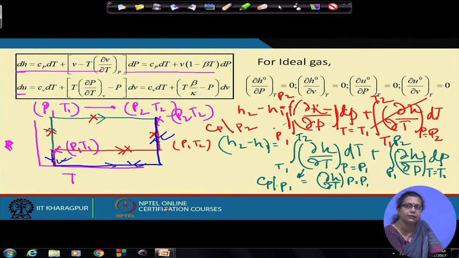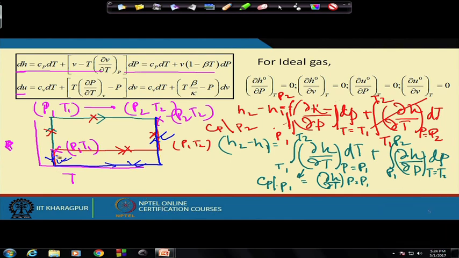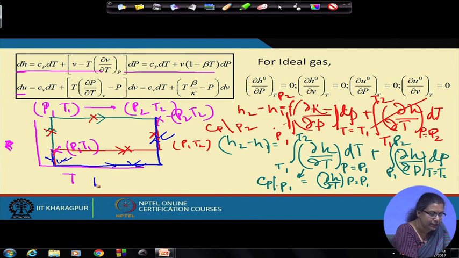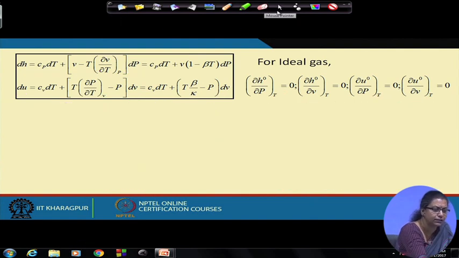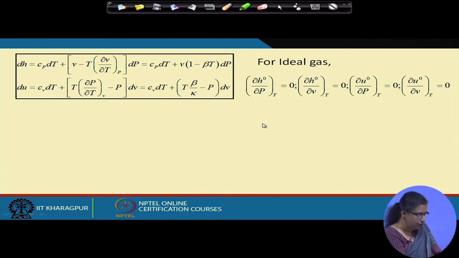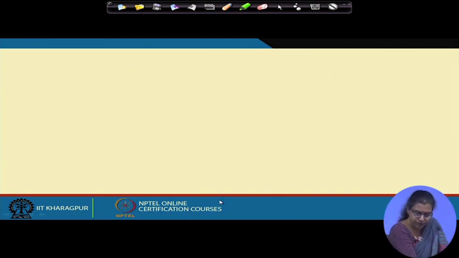Normally we would have felt that it hardly matters, we can take up any path, but under practical considerations we would prefer this path. So, for this path, suppose I would like to write down H2 minus H1. Let us see what it should be.